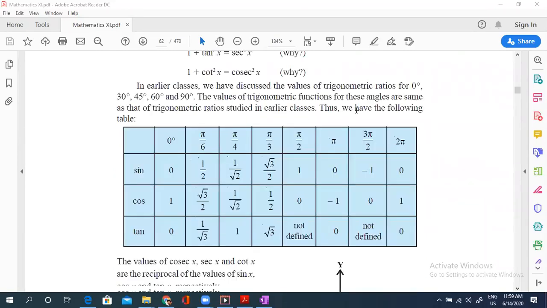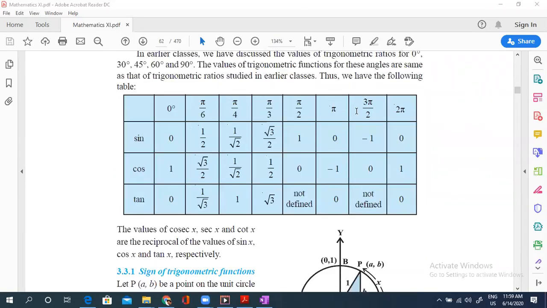Okay. Now see this table. Everyone see this table. Okay. So we have already studied, not studied, I just told you about the values till pi by 2.